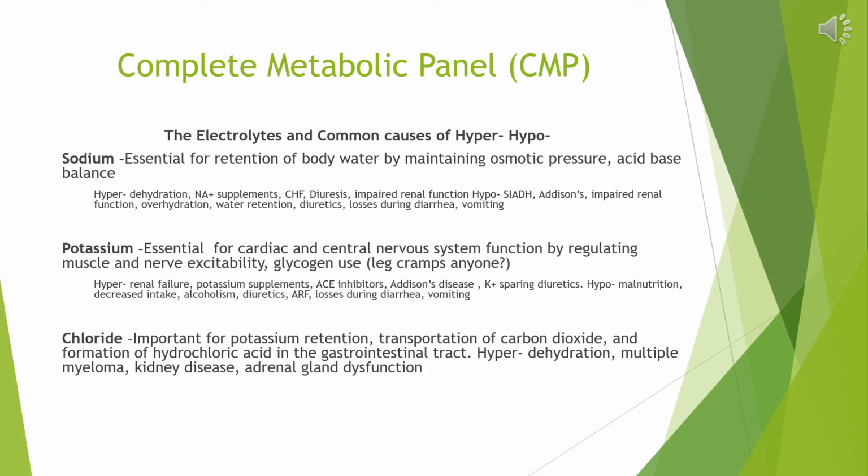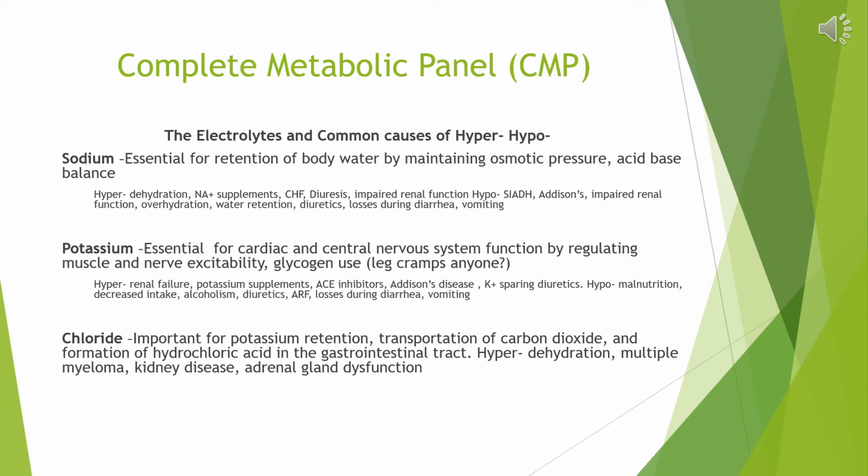Okay, so these are the electrolytes and some common causes for why you may see some hyper or hypo conditions. We know sodium is essential for retention of body water by maintaining osmotic pressure, and for your acid-base balance. You can see there that hypernatremia may be caused by dehydration.